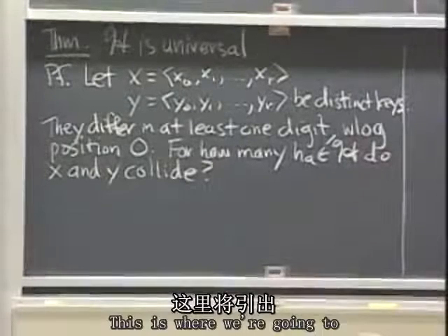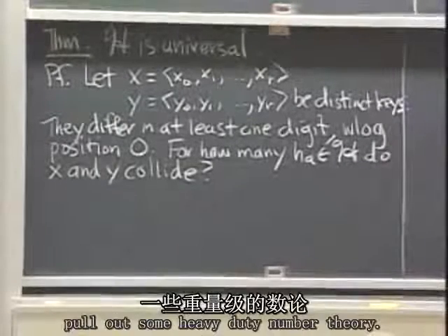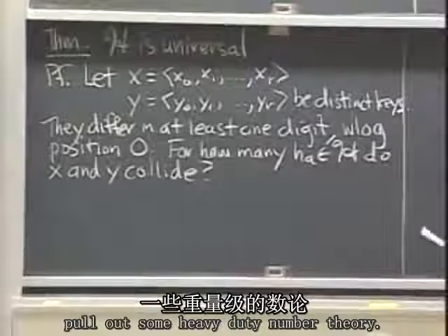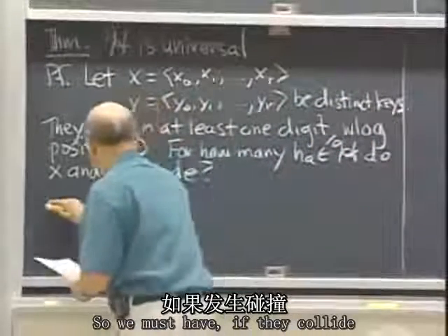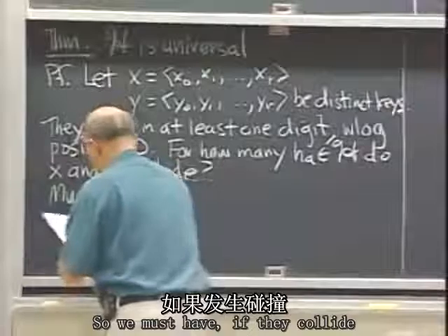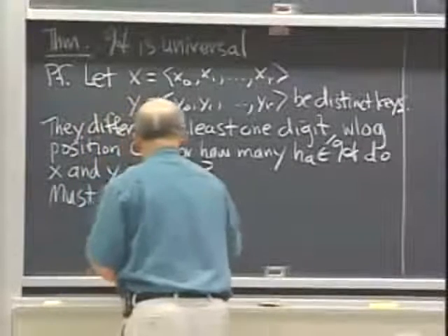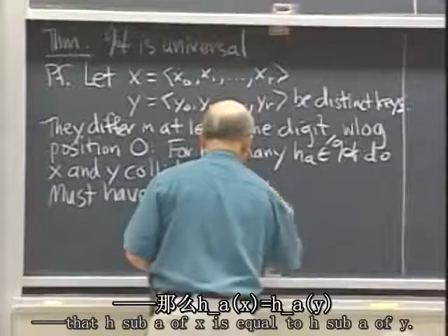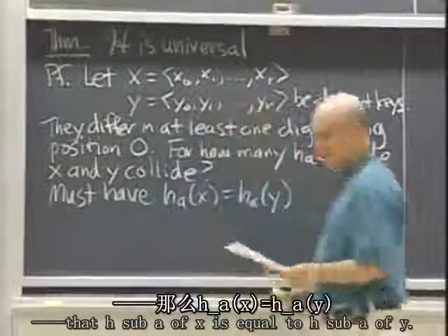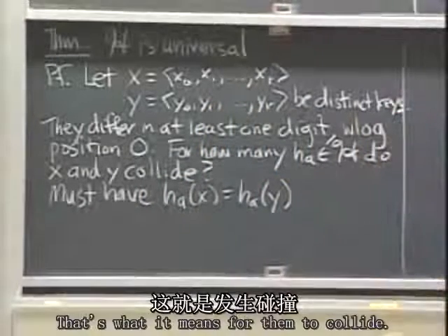And this is where we're going to pull out some heavy-duty number theory. So we must have, if they collide, that h sub a of x is equal to h sub a of y. That's what it means for them to collide.